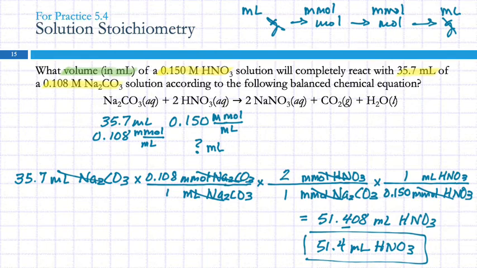So for this aqueous reaction, if we were using this volume and this concentration of sodium carbonate, what we just calculated is the volume of nitric acid that we should add so that we don't have a limiting and an excess reactant, so they're both going to react mostly completely. Any questions? This is a very, very common type of calculation in Chem 1A.